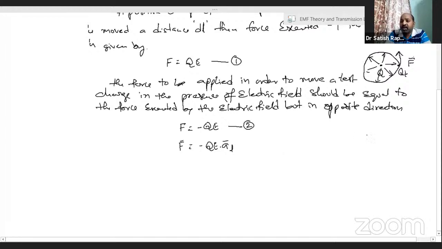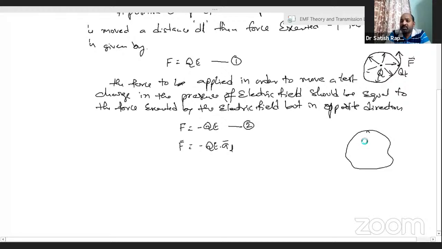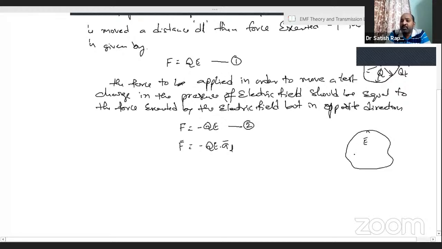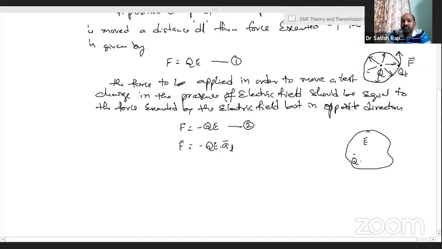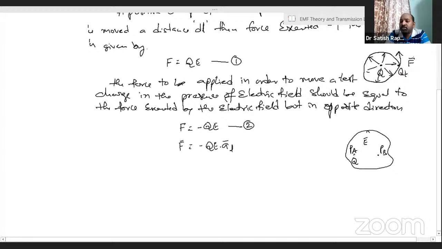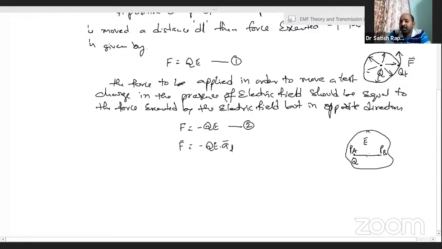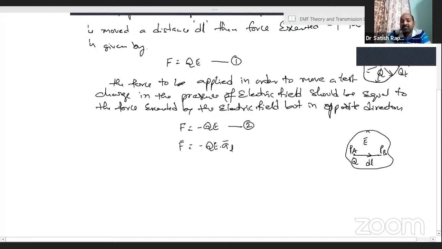Let us say this is the electric field. We are moving a point charge from one point, let us say this is point A, to another point B, in the presence of the electric field, through a distance dl.